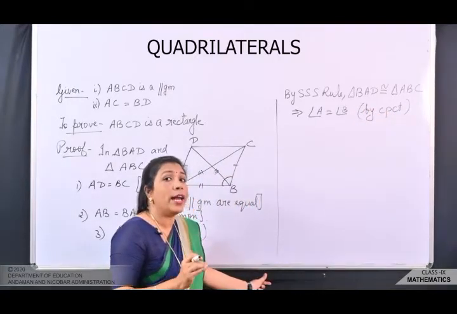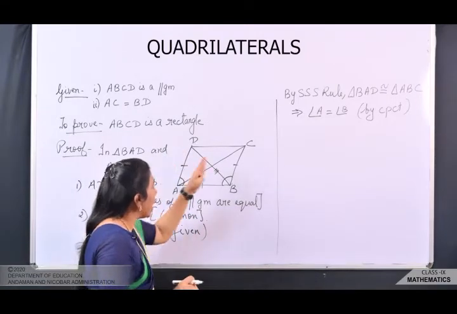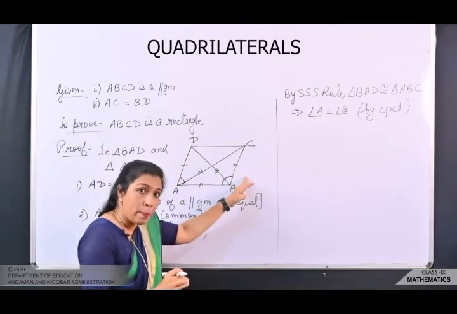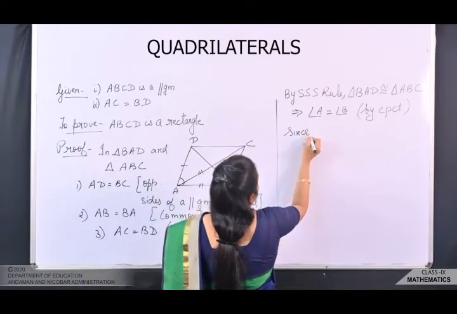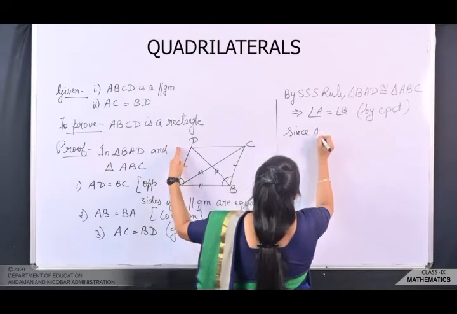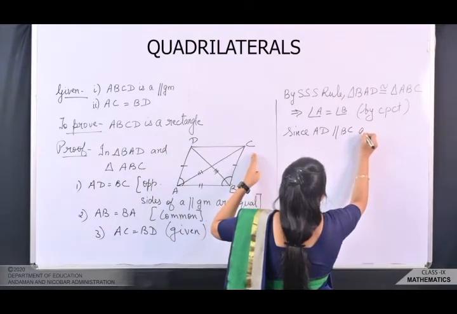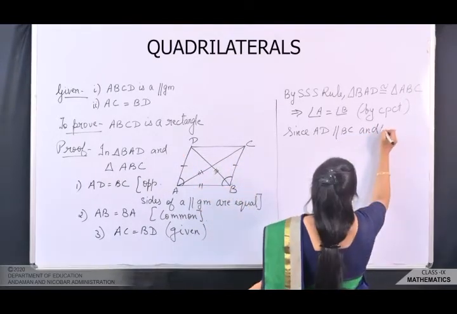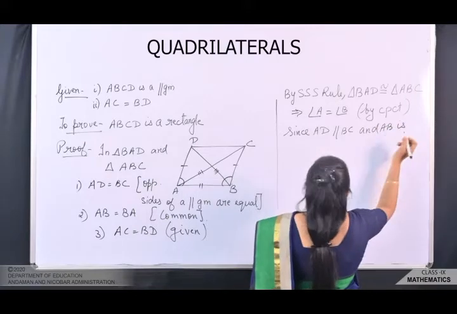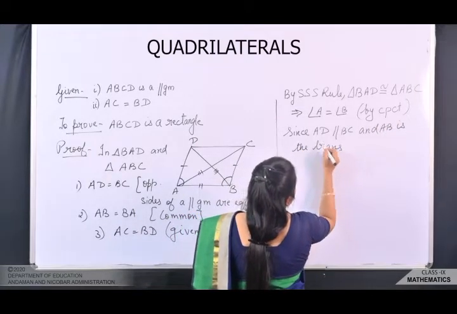अब हमें प्रूफ करना है कि इट इज 90 डिग्री. तो हम क्या करेंगे? These two lines are parallel to each other because it is a parallelogram. So, since AD is parallel to BC और ये दोनों parallel हैं, AB is the transversal.